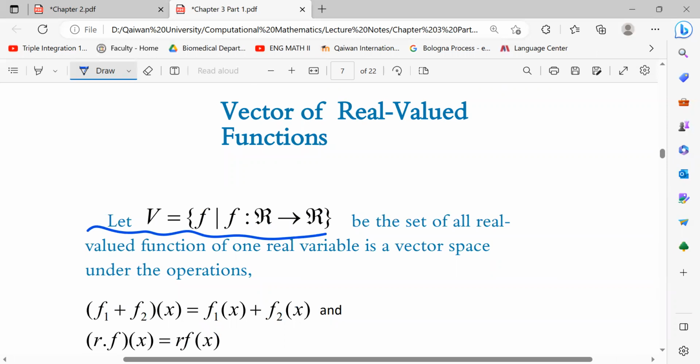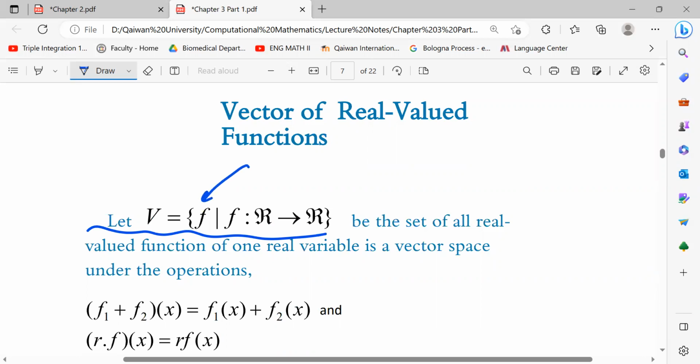It says, let V be any function. V be the set of all functions. We have the set of all functions. It says, is it a vector space or not? Is V a vector space or not?